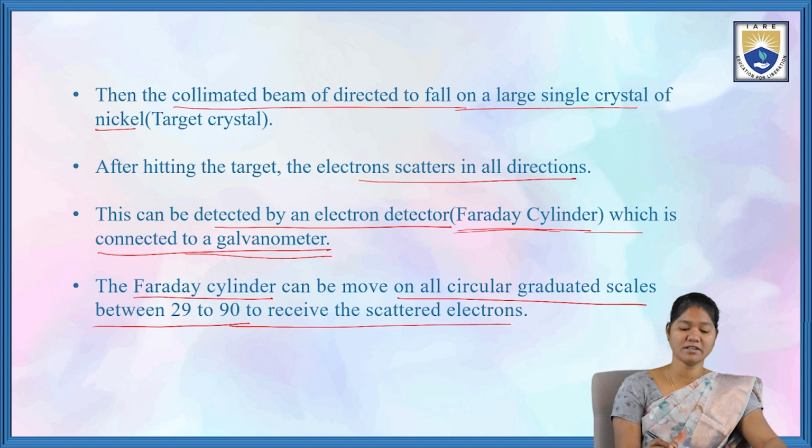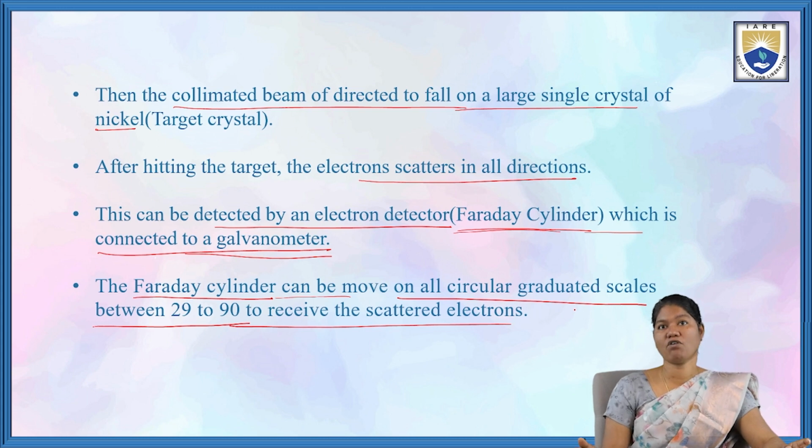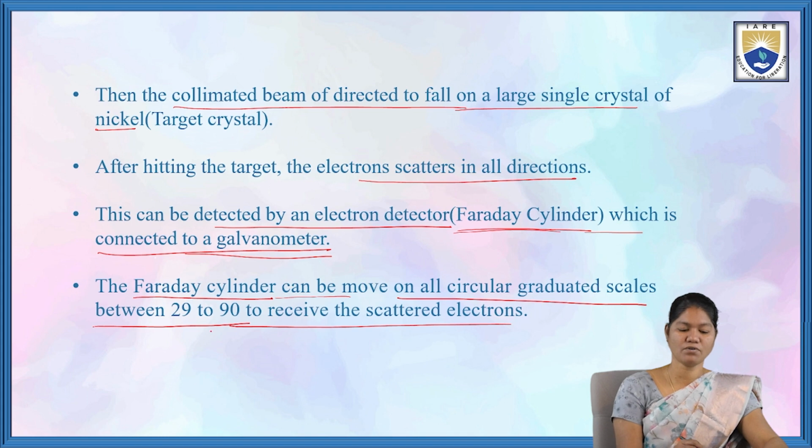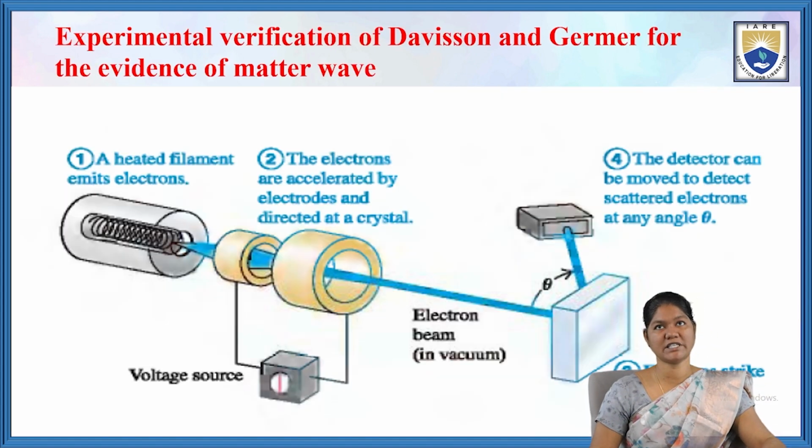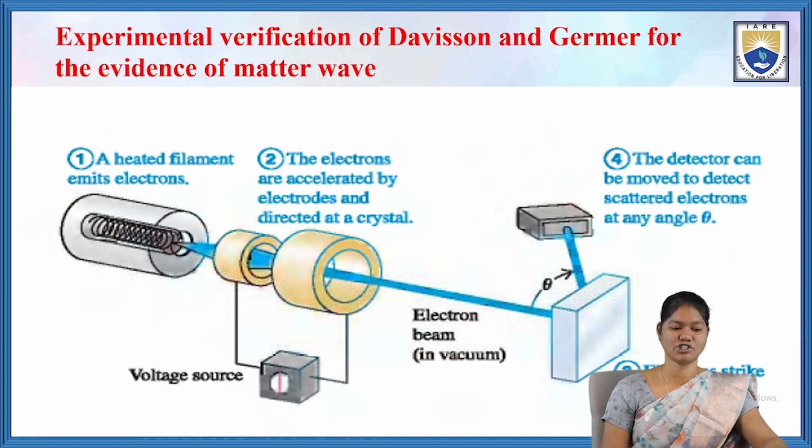So there is an attachment of a Faraday cylinder that can be moved on the circular graduated scale. Here is the experimental verification by Davisson and Germer for the matter waves.